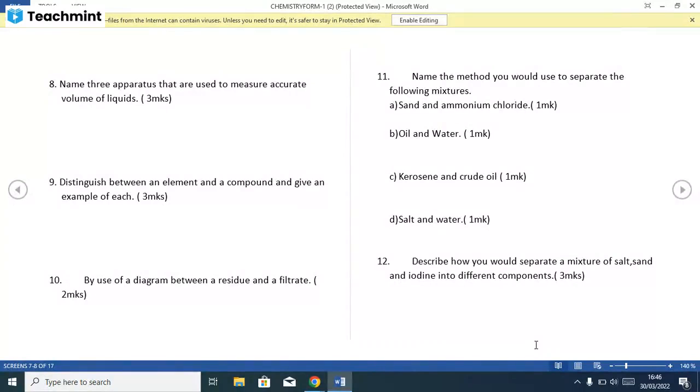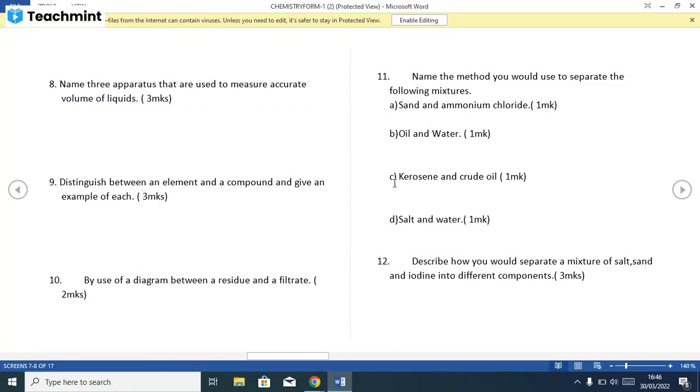Separating funnel is one of them. Also, we can talk about decantation. Though among the three, use of separating funnel is the best. You can use a dropper, you can use decantation, you can also use separating funnel. But among the three, the use of separating funnel is the best.